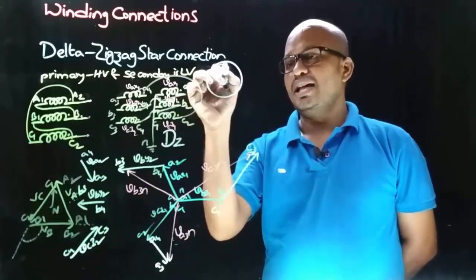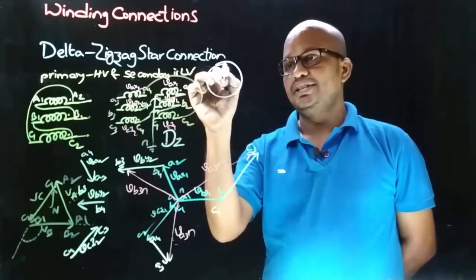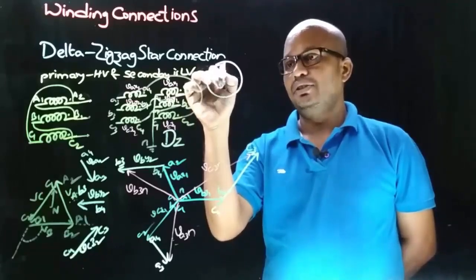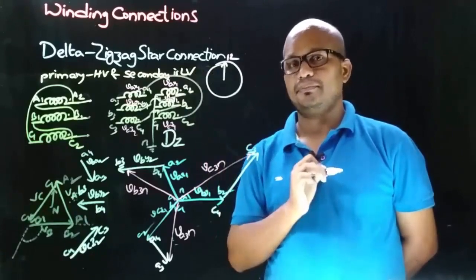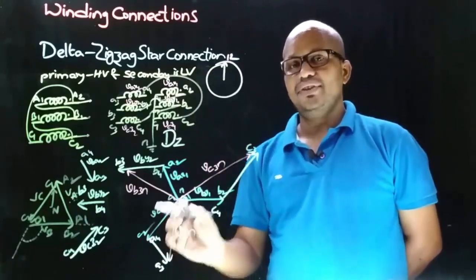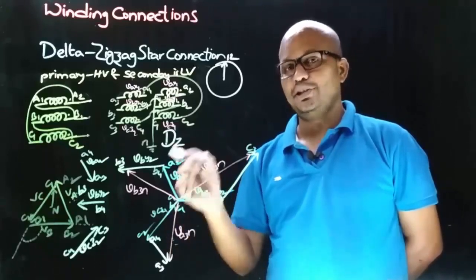Therefore, as the HV side phase to neutral voltage is taken as reference and is represented with the minute needle, it is always shown pointing towards 12. And the LV side phase to neutral voltage in a vector group is indicated with the hour needle in a clock.